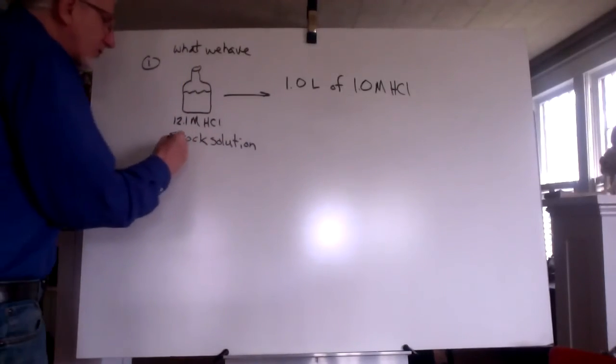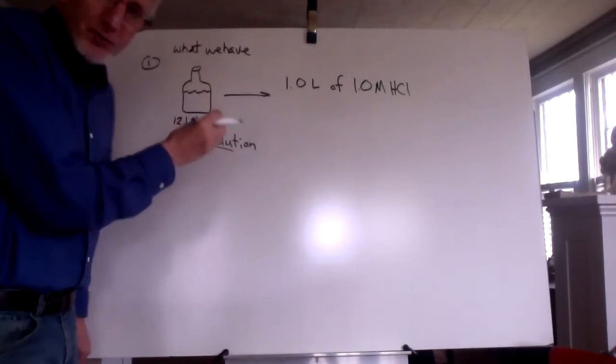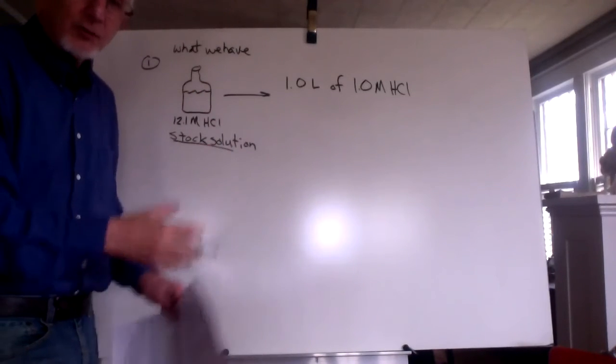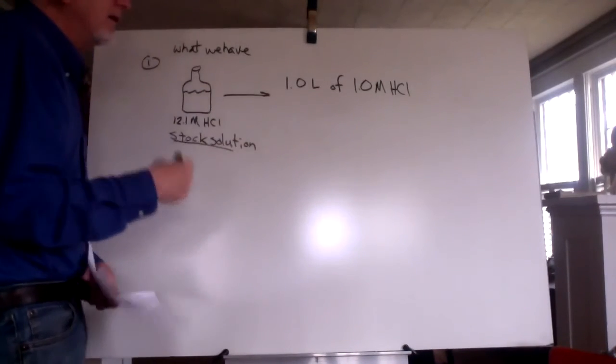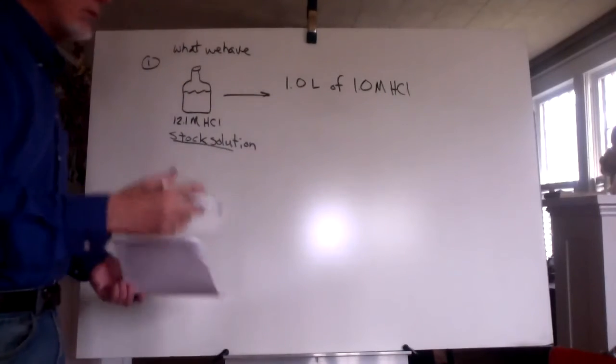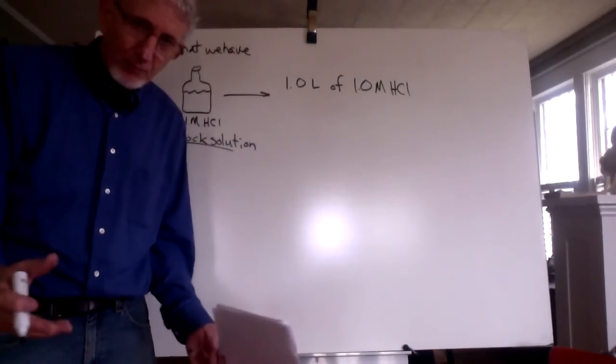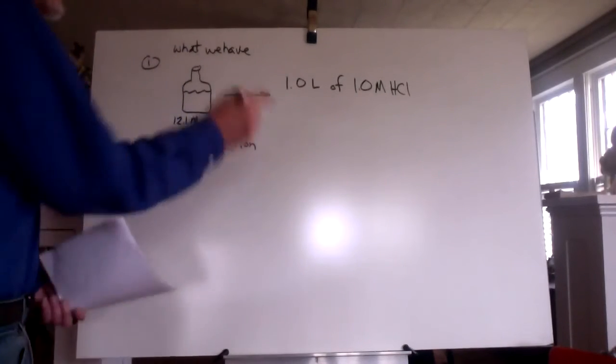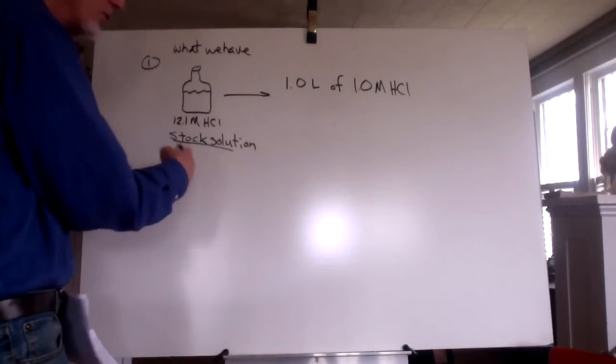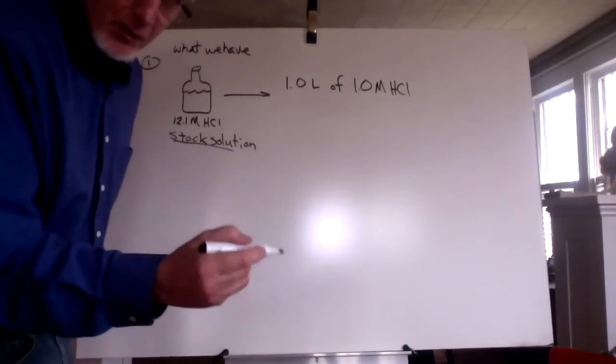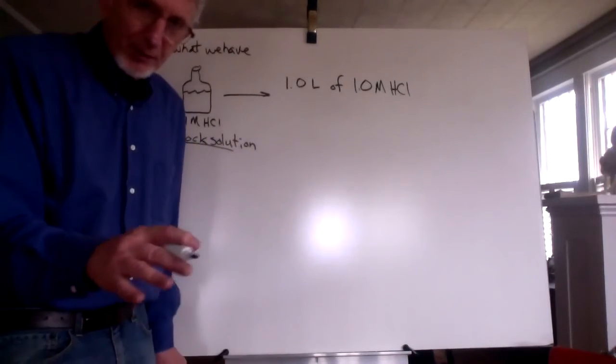We're going to take this stock solution, take a certain portion, a volume of it, and dilute it up to 1 liter, such that we end up with that 1 liter having a concentration of 1 mole per liter. So how do we know what volume of this to use to do that? Well, this is the equation to use for any dilution problem.